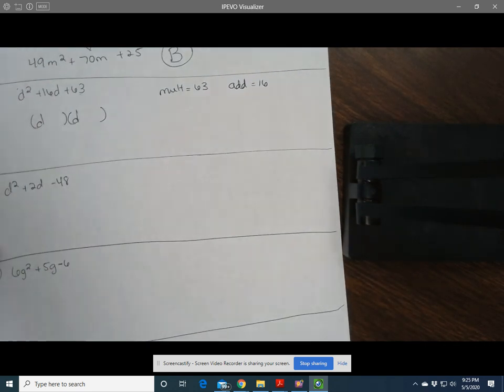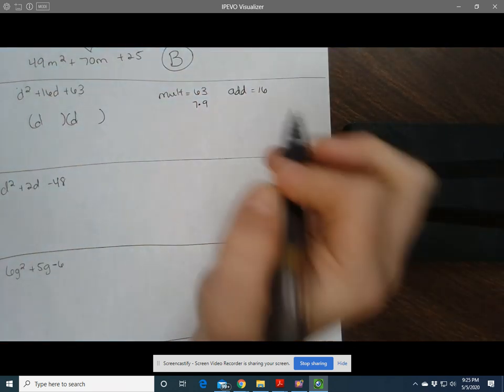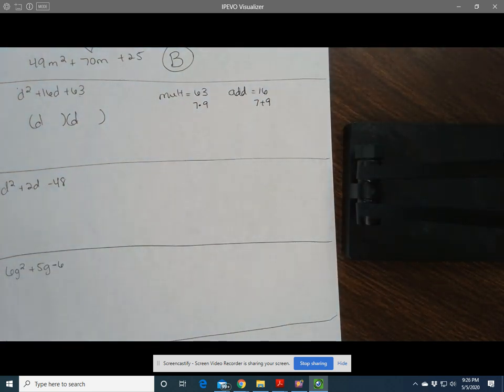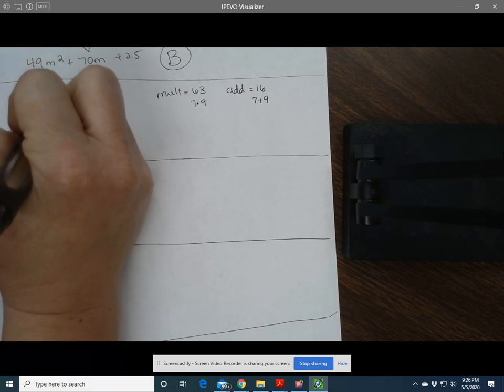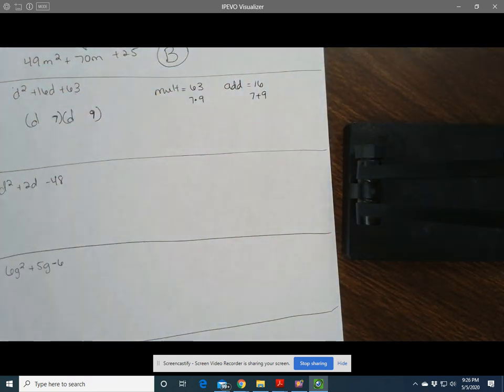First thing I thought of, 9 and 7 make 63, and 7 plus 9 is 16. So chances are it is going to be correct. That one's going to be a 7, and that one's going to be a 9.